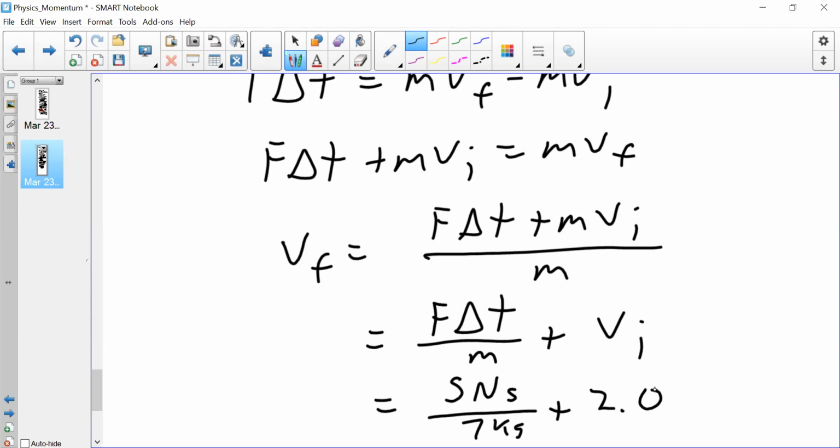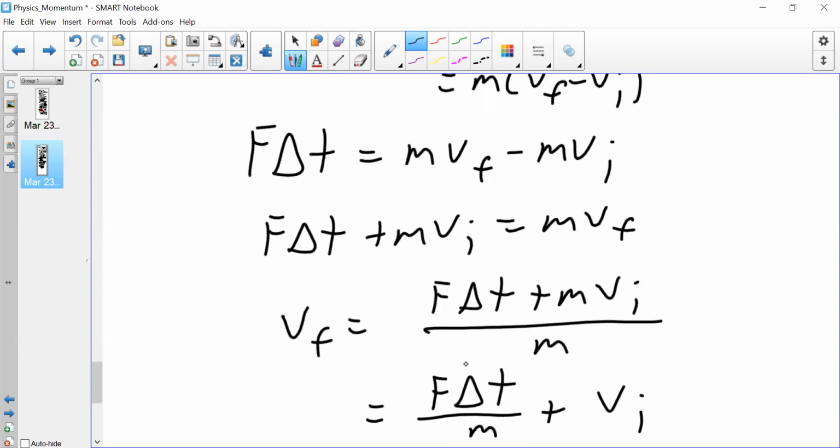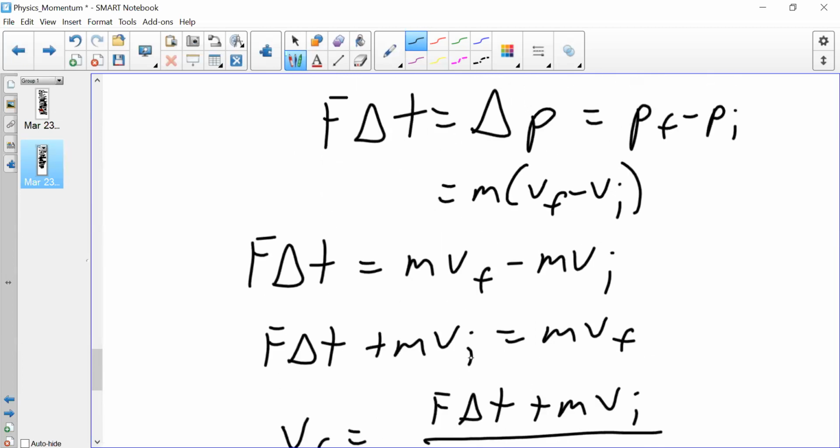That will be our answer. That's how we get our final speed, but it all comes from manipulating this impulse momentum expression. Our job is to get an expression such that we have the final velocity as part of it so that we can solve for it. Otherwise, it'd be a little harder, though not much, than just using the expression m v final minus m v initial.